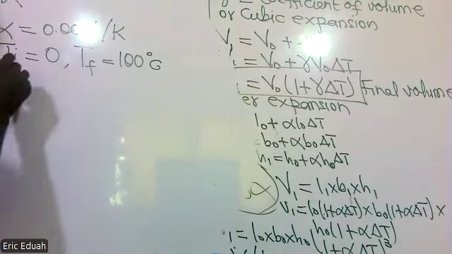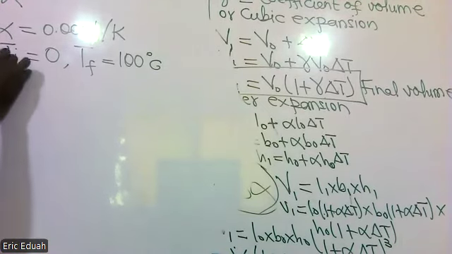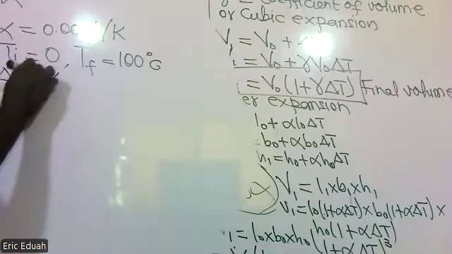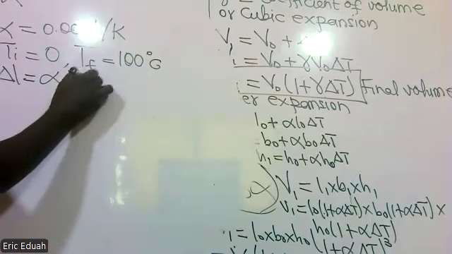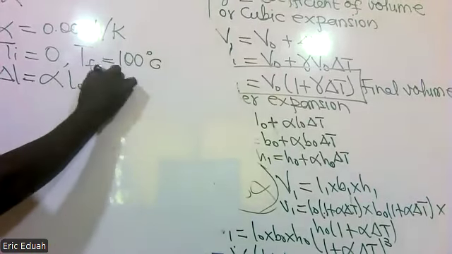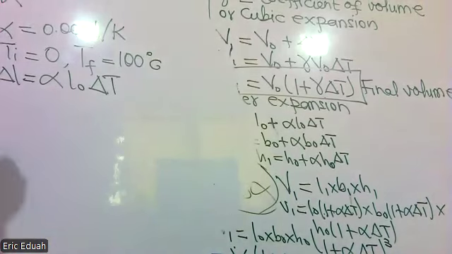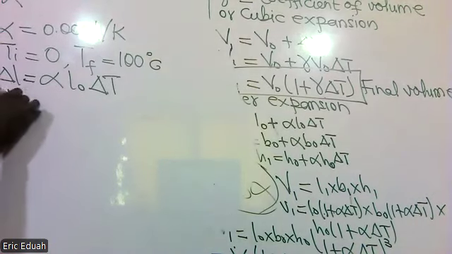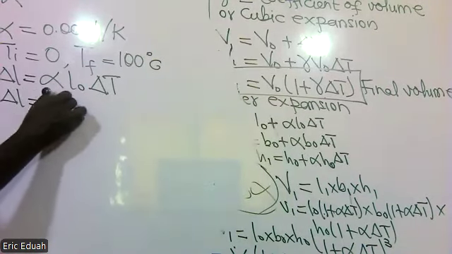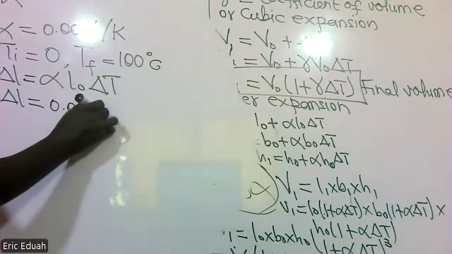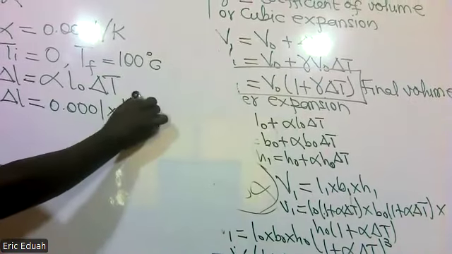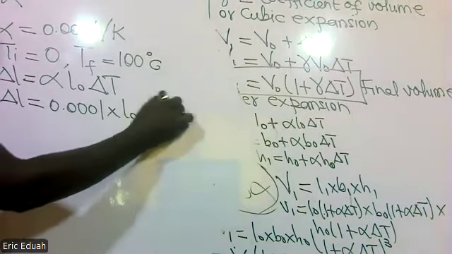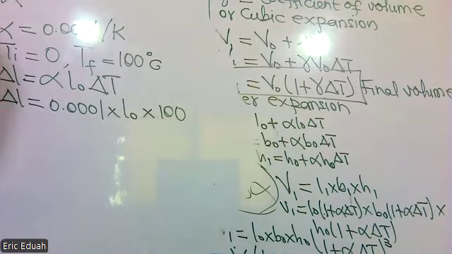Okay, so the change in length is alpha times original length times delta T. So the delta L, change in length, is equal to 0.0001 times the original length times a change in temperature of 100 degrees Celsius or 100 Kelvin.